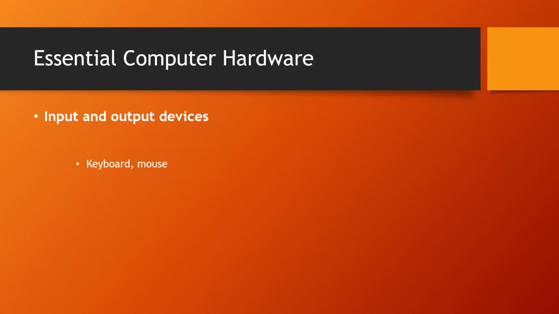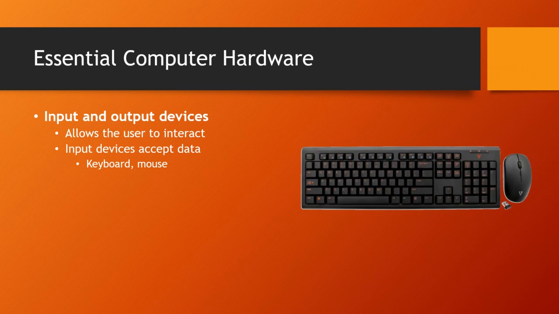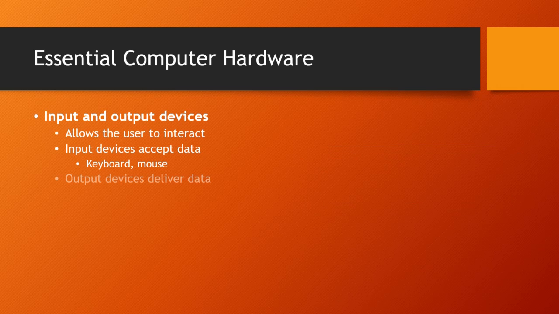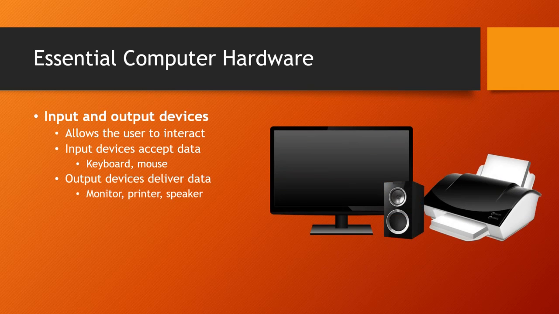Then we also have input and output devices. This allows the user to interact with the computer. Input devices accept data. An example of that is the keyboard and your mouse. And output devices are devices that deliver data. Examples are your monitor, your printer, and your speaker.